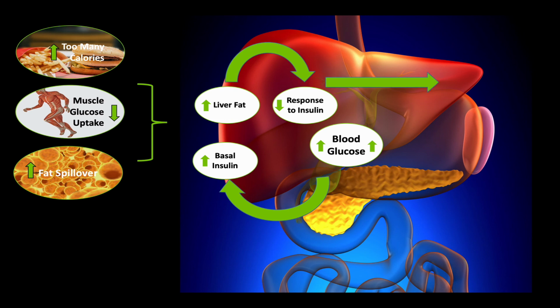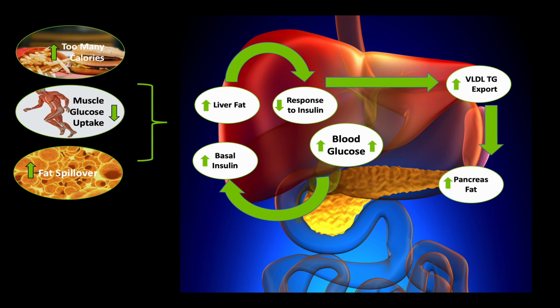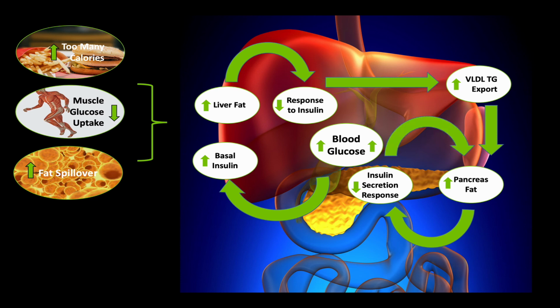The liver also exports fat as triglyceride, and that triglyceride circulates in the body, but a lot of it ends up in the abdominal or visceral area, and some of that ends up in the pancreas. A small amount of fat in the pancreas can actually cause beta cell dysfunction, and we start to see insulin secretion drop, and we close the loop.